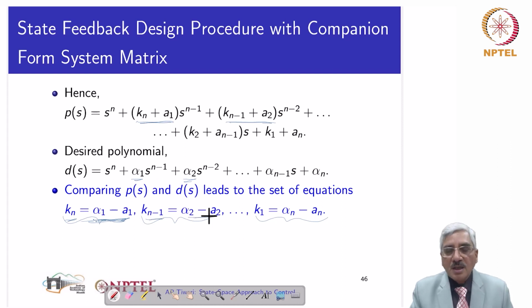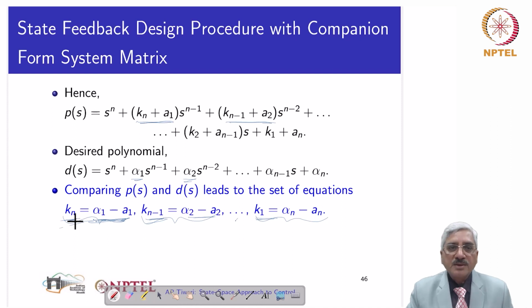and so on. So what we see is that we still get n equations, but each of these n equations is in a different variable. One equation is for K1, another equation is for K2, and so on. So they are easily solved. They are not coupled, so they are much more easily solved.